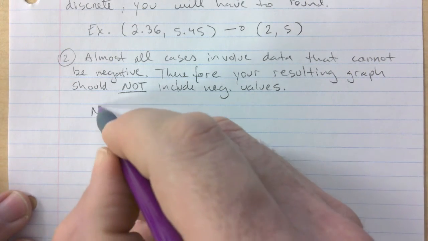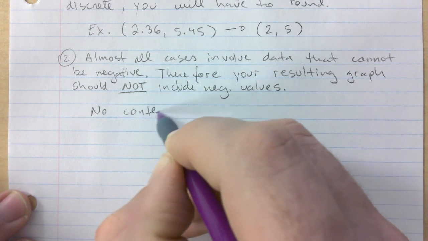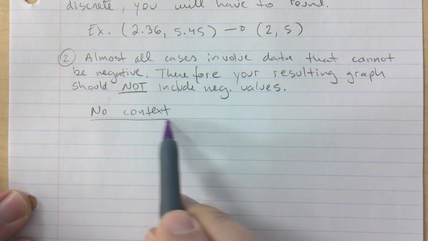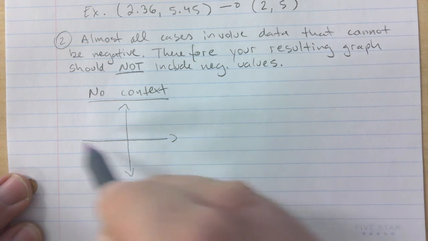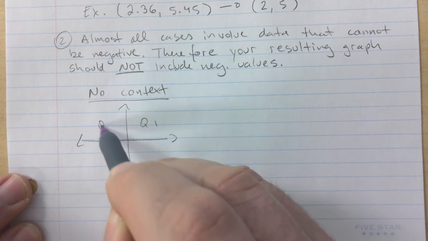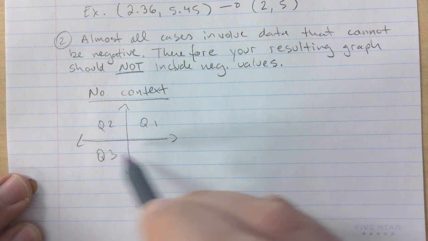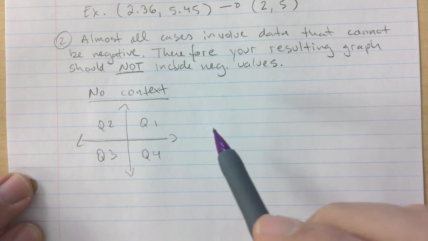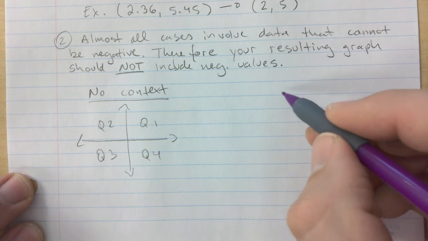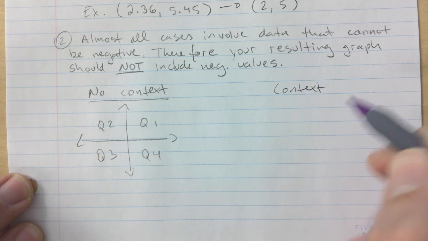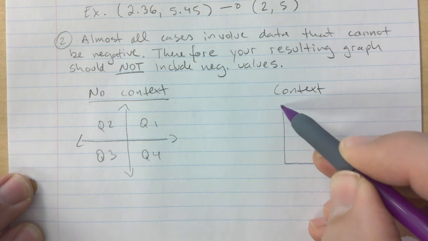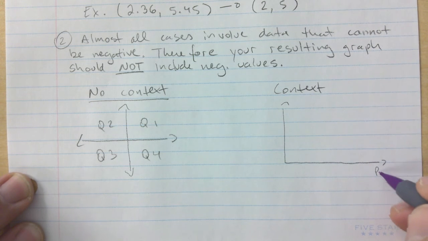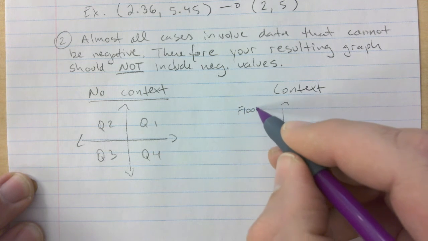So no context. If there's no context, we would just simply have quadrant 1, quadrant 2, quadrant 3, quadrant 4. And then context, meaning word problem, let's say you have people here and floor space required.